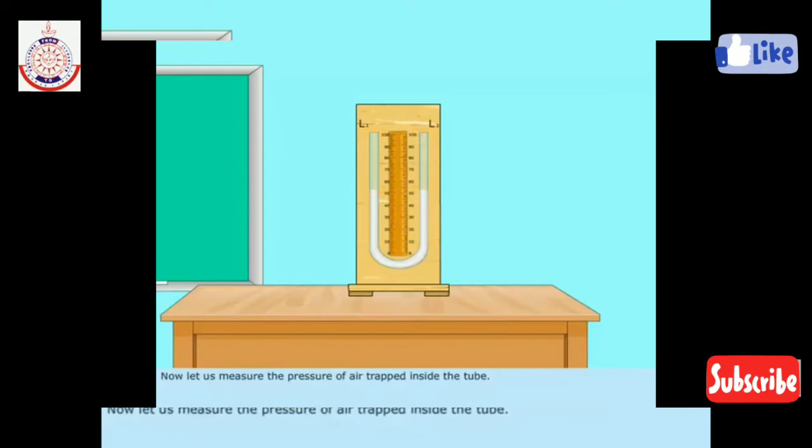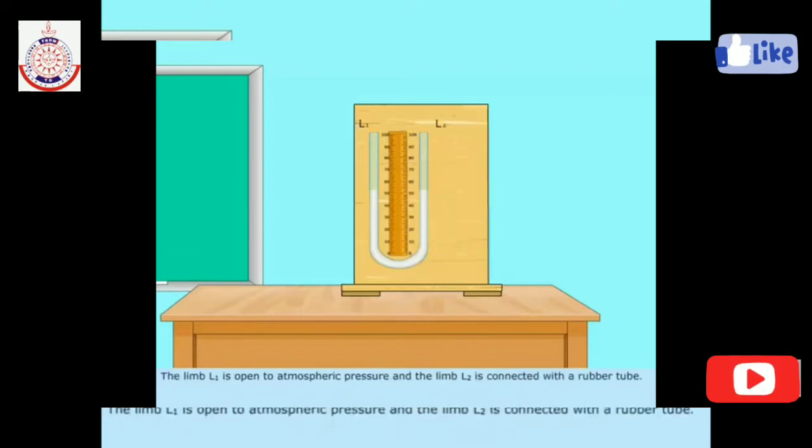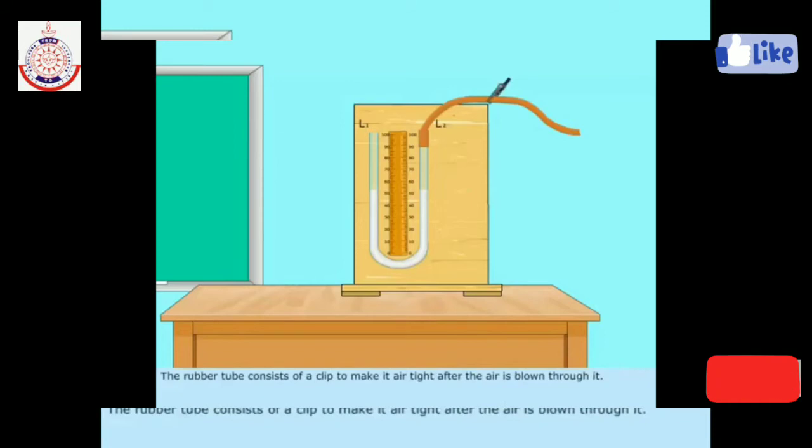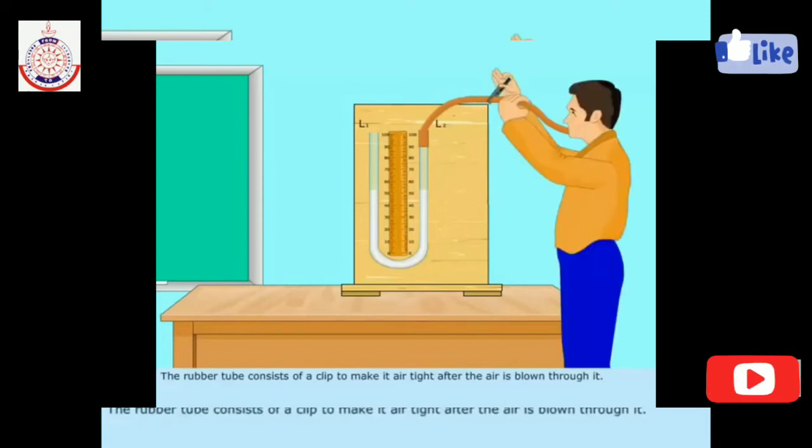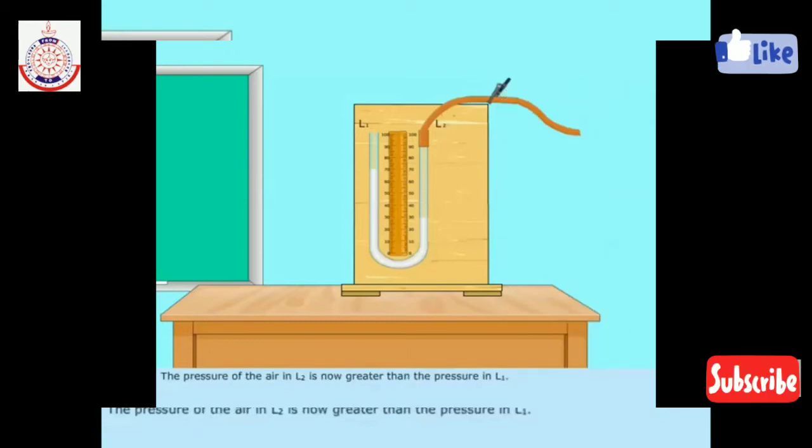Now let us measure the pressure of air trapped inside the tube. The limb L1 is open to atmospheric pressure and the limb L2 is connected with a rubber tube. The rubber tube has a clip to make it airtight after the air is blown through it. The pressure of the air in L2 is now greater than the pressure in L1.